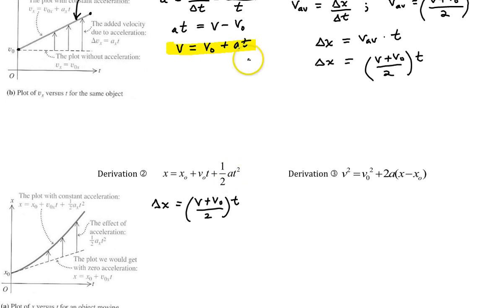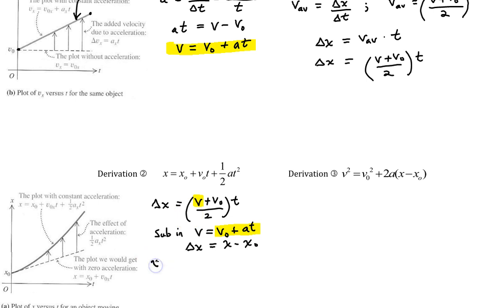So hopefully you're seeing, oh, we could substitute in, we're going to sub in v equals v0 plus at into this equation. For v right here, we're going to substitute it with all of that. And we also know that delta x is really just the difference between the final position minus the initial position. So let's replace that as well.